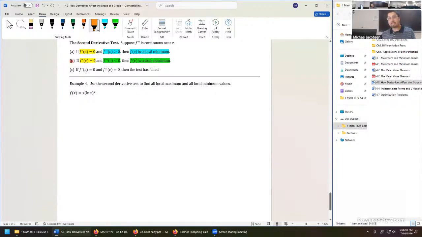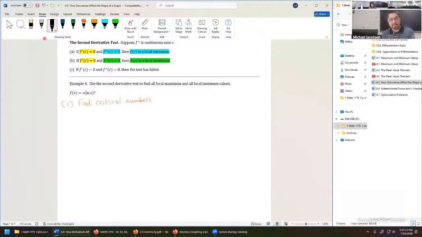Well, here's the statement of the second derivative test, but the flow of actually using the test is a step-by-step procedure that looks more like this. Step 1, what we want to do is find critical numbers.